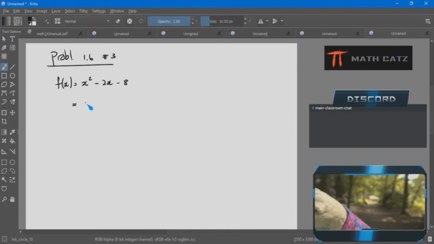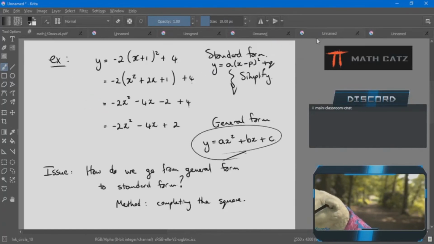So let me talk through this, and please stop me if you don't like what I'm saying. I can look at the simplification process up here, and I see that a bracket squared, which is what I'm looking for, when simplified results in 3 terms. There's an x squared, there's something with an x, and there's a constant term.